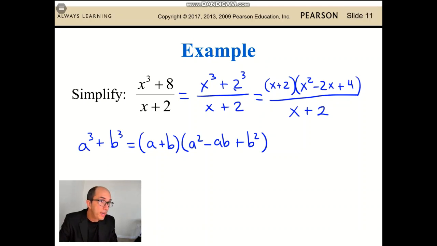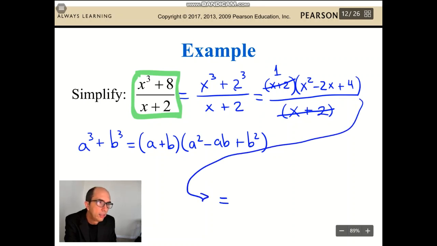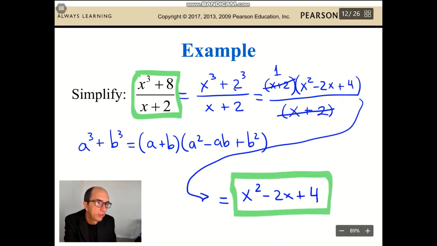That's very convenient, because now we find a common factor on the numerator and the denominator that we can simplify. We divide x plus 2 by x plus 2, and we have 1. This rational expression is equivalent to x squared minus 2x plus 4. This is the simplification of that rational expression.